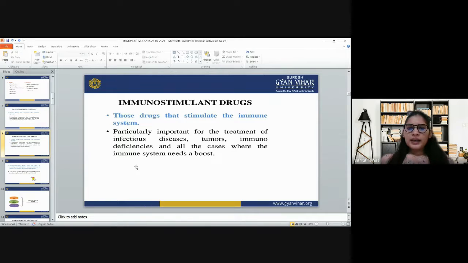Now, what are immunostimulant drugs? They are those drugs that stimulate the immune system. They are particularly important for the treatment of infectious disease, tumors, immunodeficiencies, and all the cases where the immune system needs a boost.